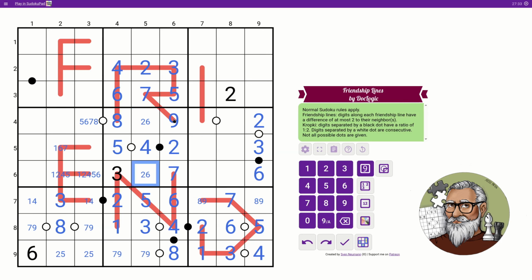Wow. That doesn't work. Because this isn't 2 or 6. What is this? 1 or 6. But that means that I had a 1 here as an option. Right.